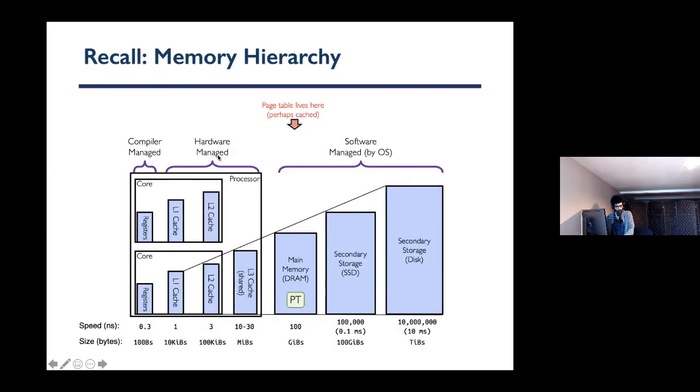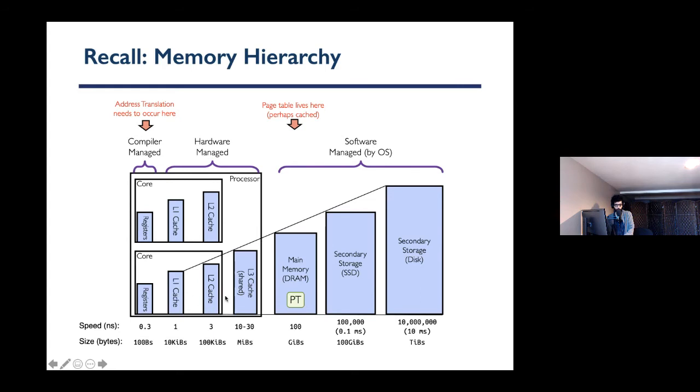Now, our page tables are here, right? And accessing main memory is just super expensive, and going to main memory is super painful. So we basically want to cache the translations here, very similar to caching in L1, L2, and L3.